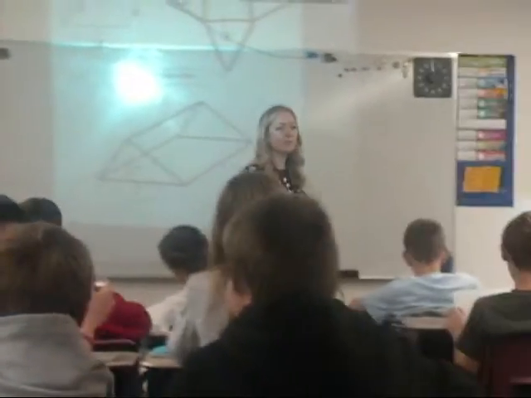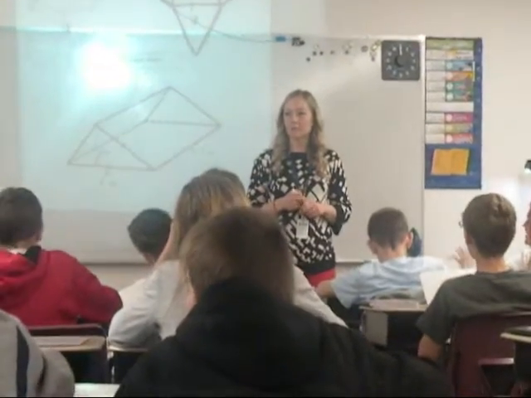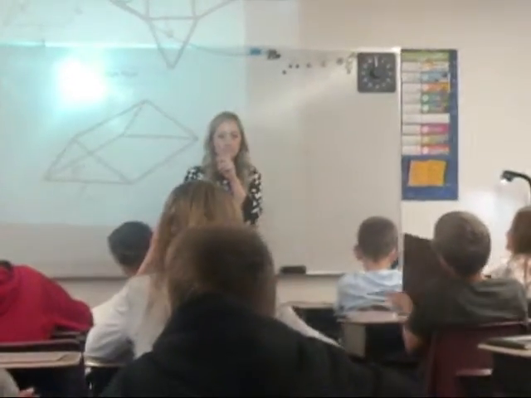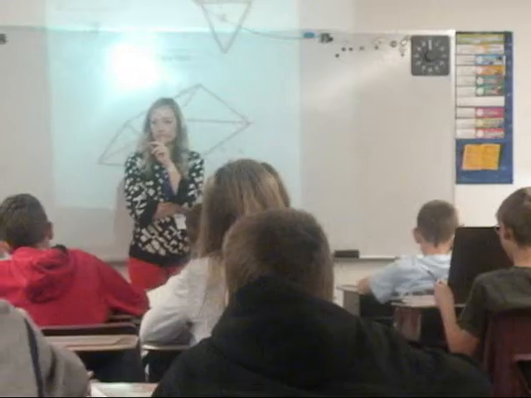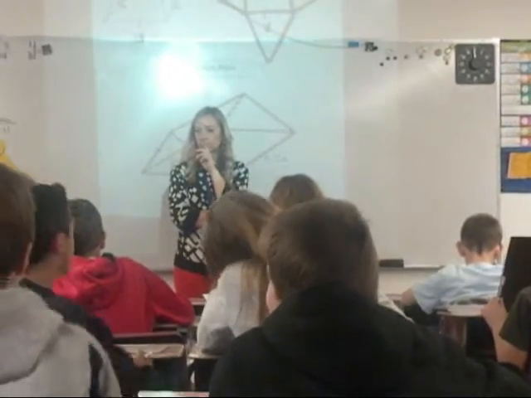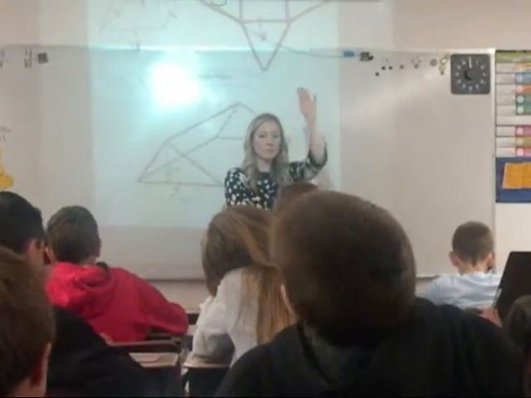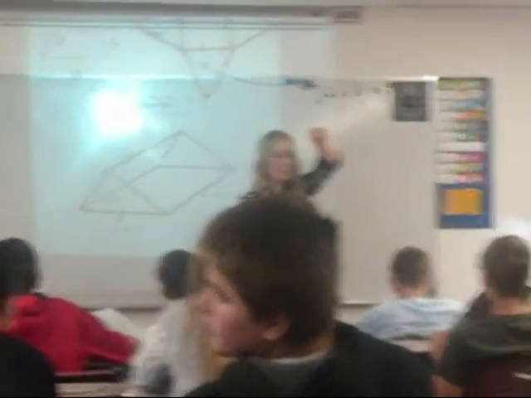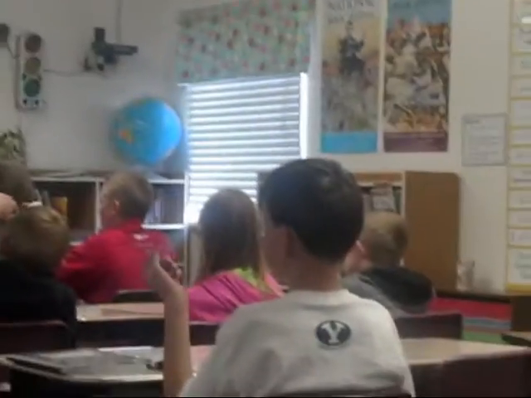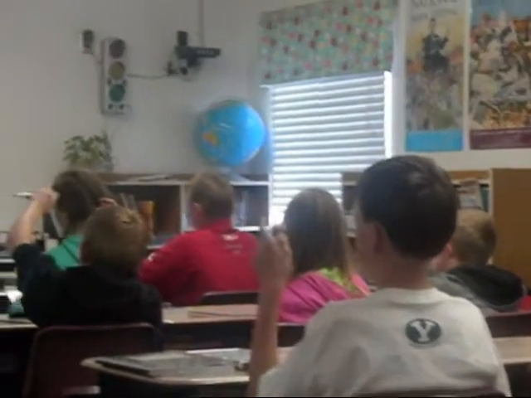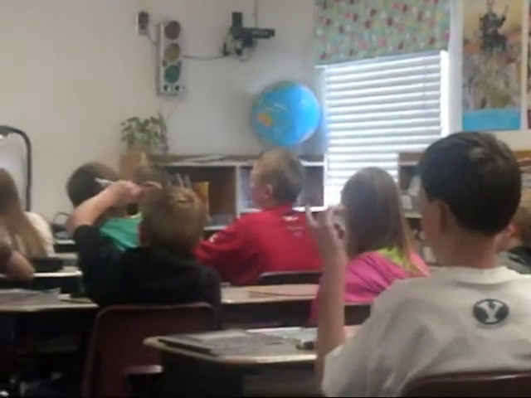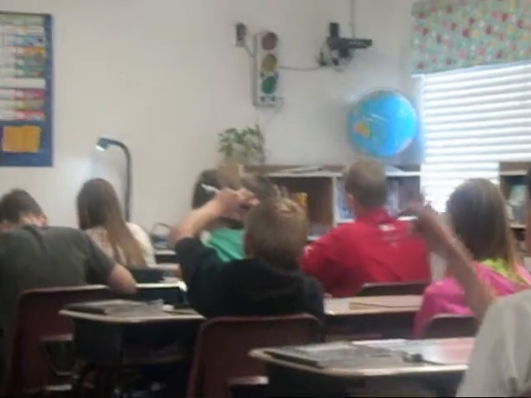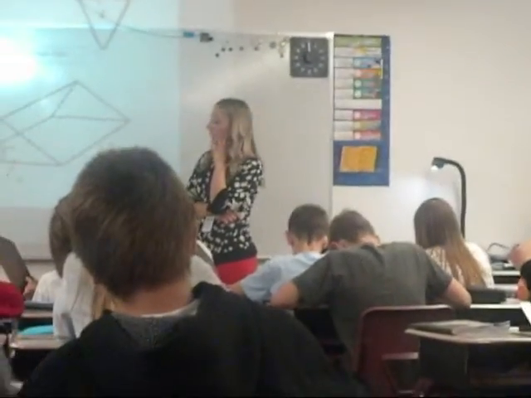Okay, get in the zone. If you guys have something, raise your hand. Nathan? Isn't it 6 times 7 instead of 5 times 7? Why would you do 6 times? It's length times height.